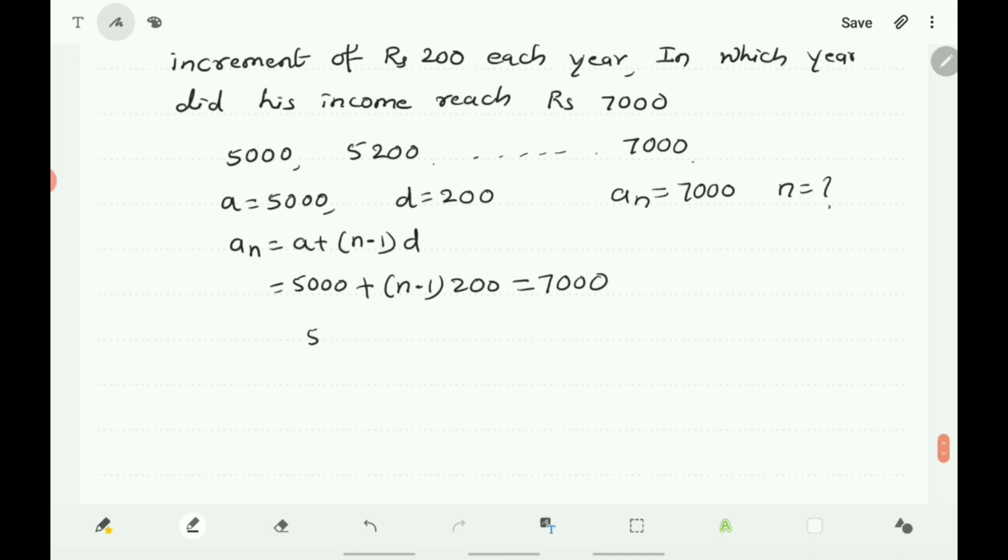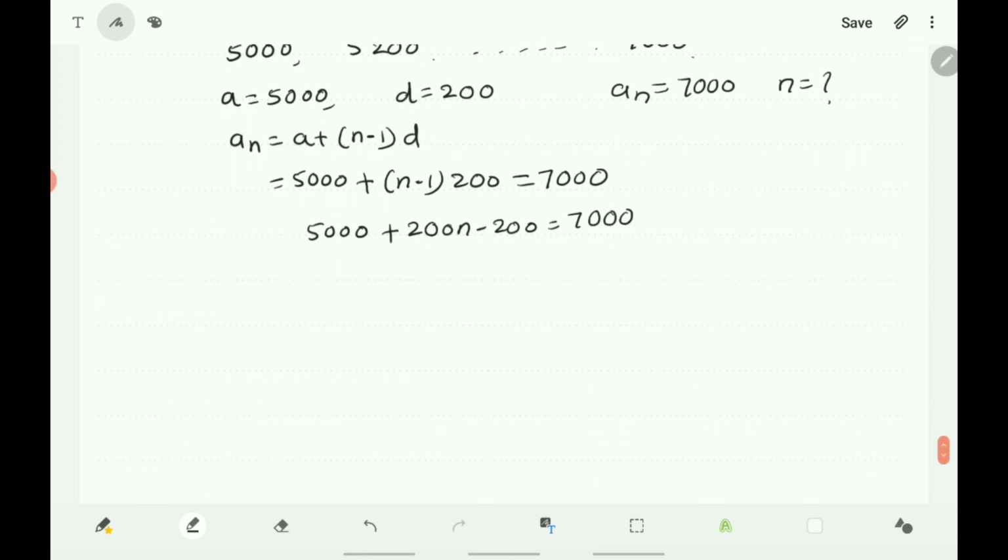So write 5,000 plus N minus 1 into 200, means N into 200 is 200N, minus 1 into 200, is equal to 7,000. Then 5,000 minus 200 is 4,800 plus 200N is equal to 7,000.